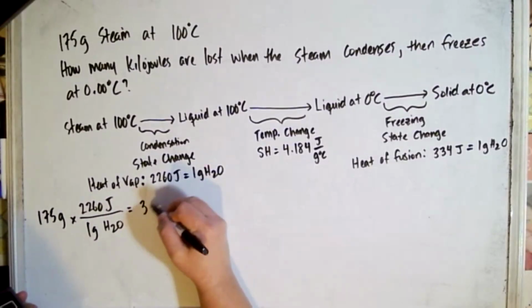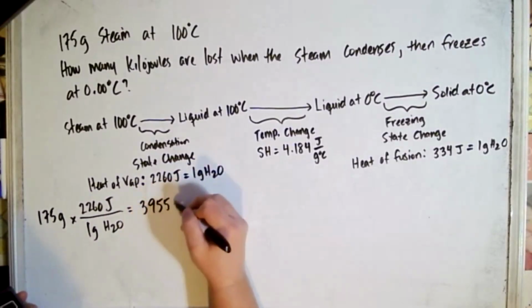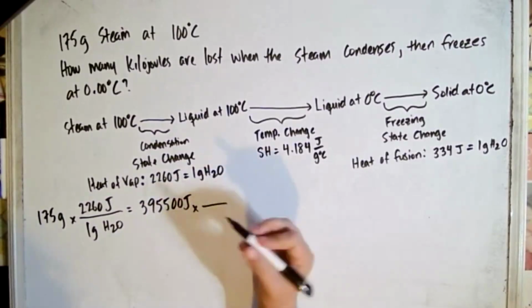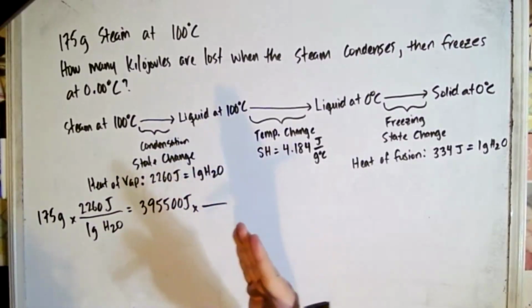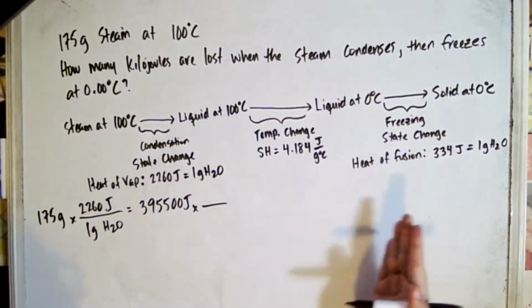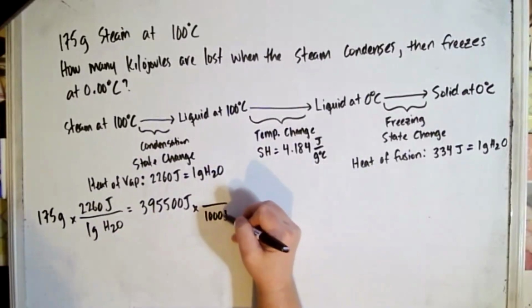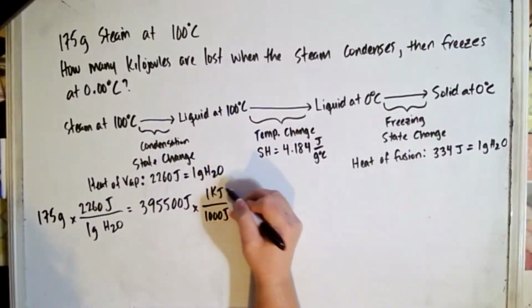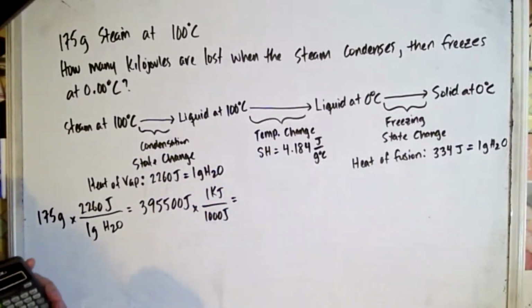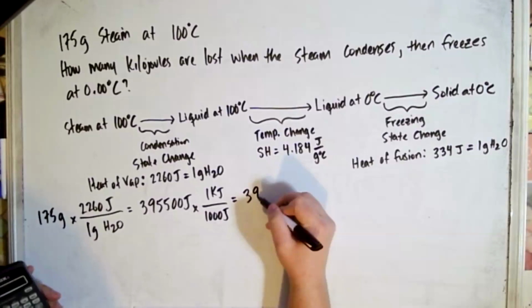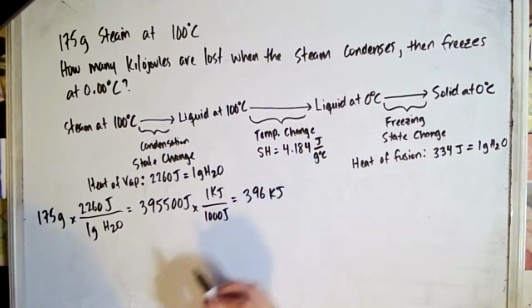Which is going to be 395500 joules. Right here, you can turn this into kilojoules. Our final answer has to be in kilojoules, so we can just turn all these into kilojoules as we go before we add them together. Or you can wait till the end. Either way is fine. But we're going to end up with like 396 kilojoules from our condensation.